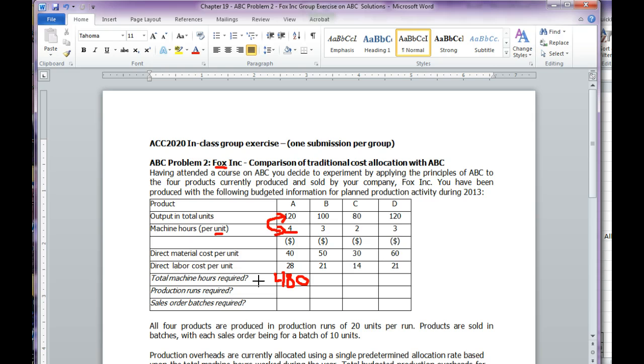That machine's running 480 hours to make the 120 units. Here, same thing, it's going to be 300 hours. And you just fill these in, right? Here I know it's going to be 160 hours. And here, 360. Hopefully these are right. If not, we're saving the video forever, so haha.